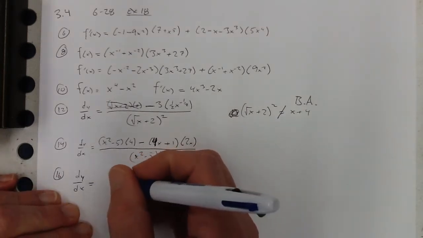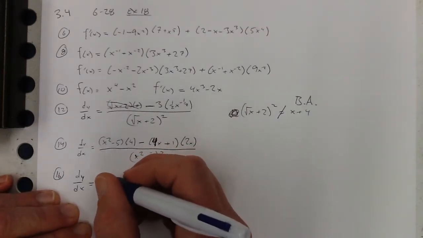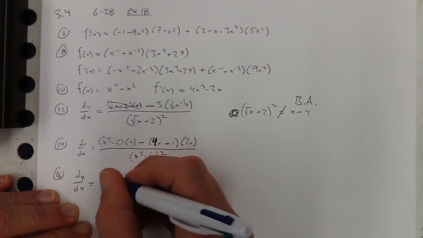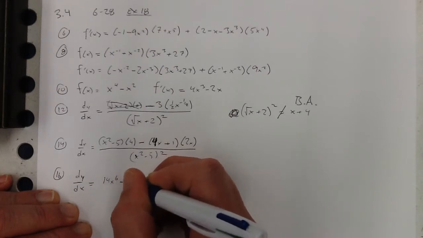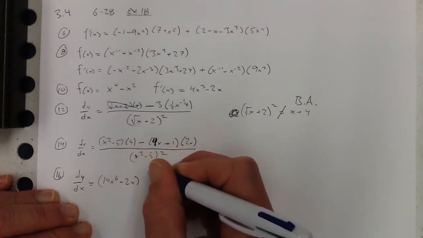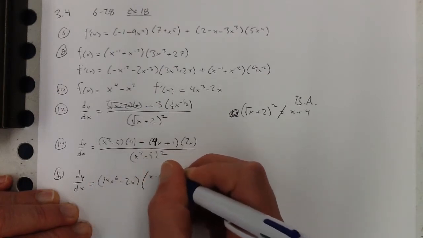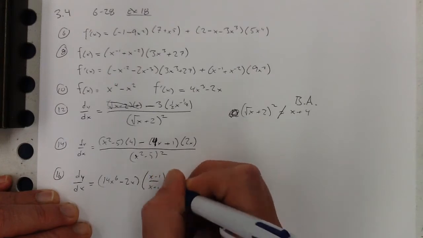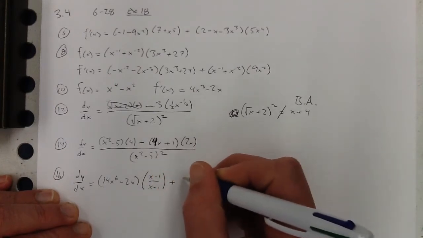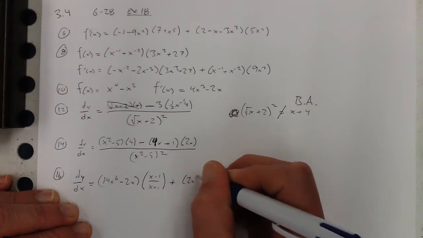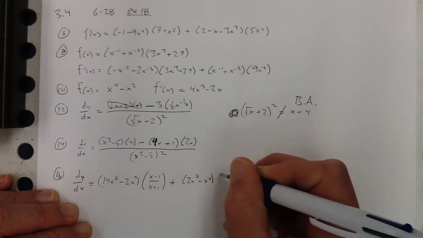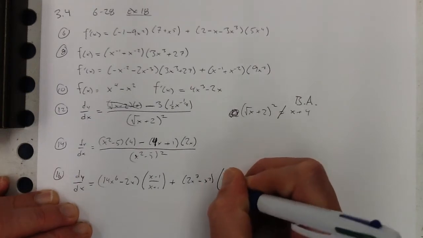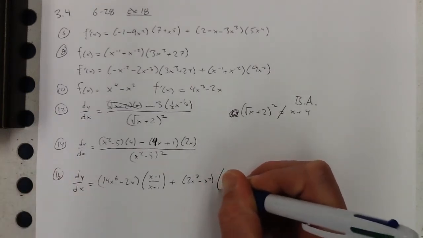So I'm going to do the derivative of the first, because I'm not a procrastinator, 14x to the 6 minus 2x times the second plus the first times the derivative of the second. And when I get to the derivative of the second, that's a quotient rule.